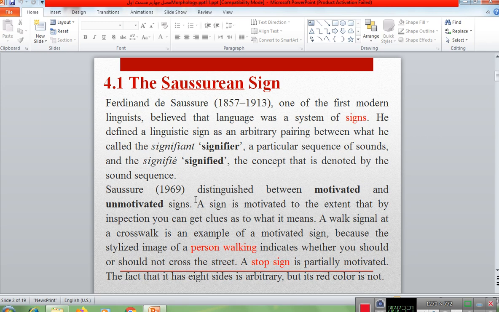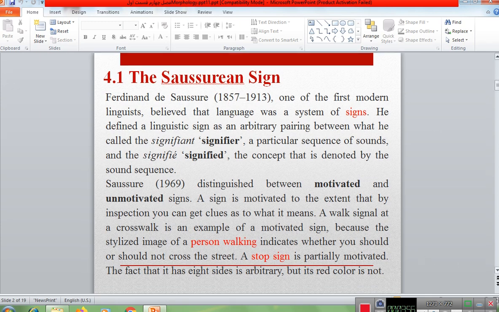In our culture, red is often associated with danger and a call to alertness. Red is also the color lit up on a traffic light when drivers are required to stop. The number 8, however, is an unmotivated sign, since nothing about its form represents the number 8. So in this example we have the motivated crosswalk person and the partially motivated stop sign.